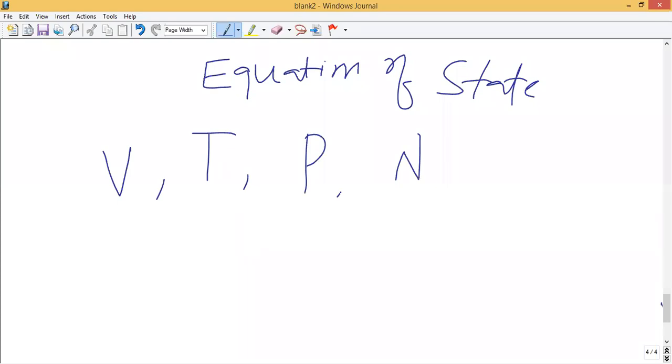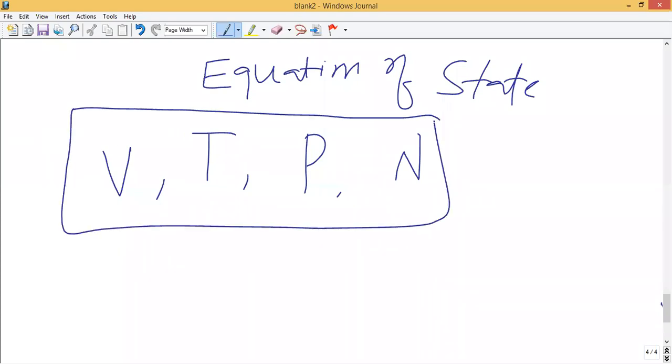These are variables that you can observe at thermal equilibrium or at any equilibrium state.